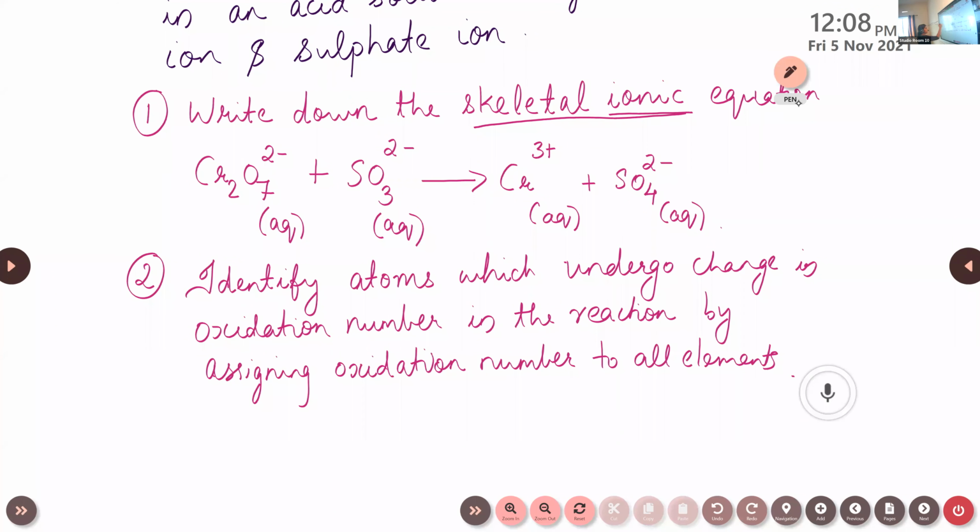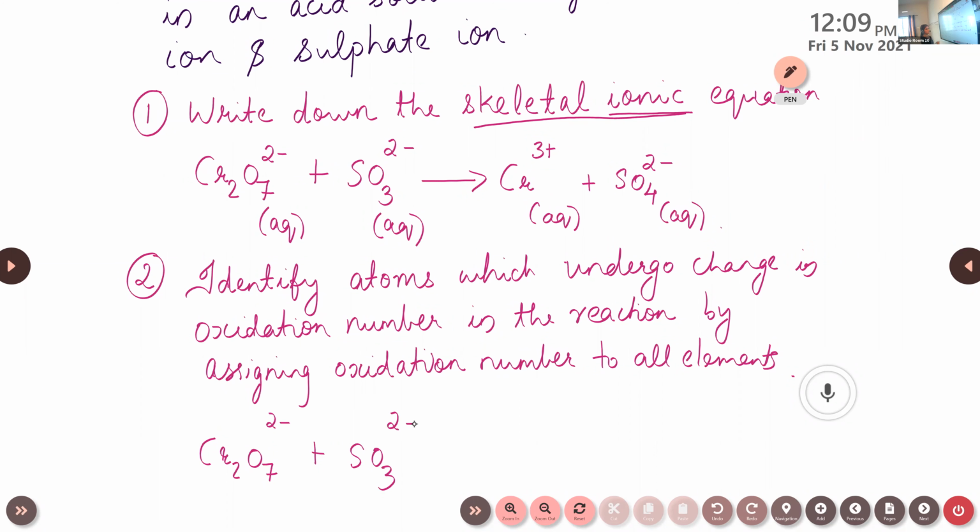Okay, so we have to rewrite this equation again. Cr2O7 2 minus. This 2 minus is common for Cr2O7, not for a particular oxygen or chromium. Then next one, SO3 2 minus.